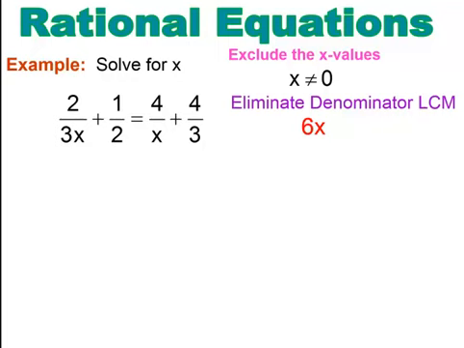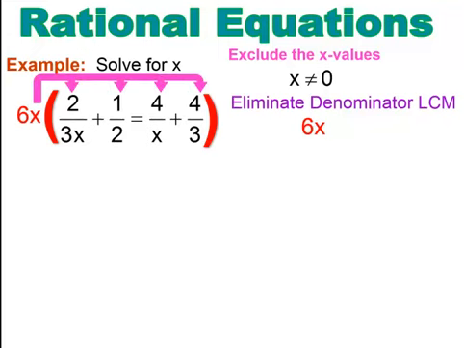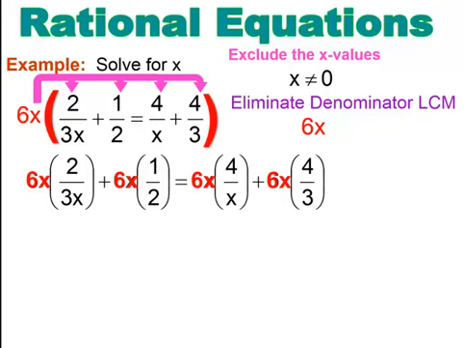Now I'm going to take that least common multiple and I'm going to multiply it to the entire equation, because I want to eliminate the rational equation and make it a standard equation. So to do this, I'm going to distribute that 6x to everything in the equation. And you're going to see when you do that distributing, you're going to end up with something that looks like this.